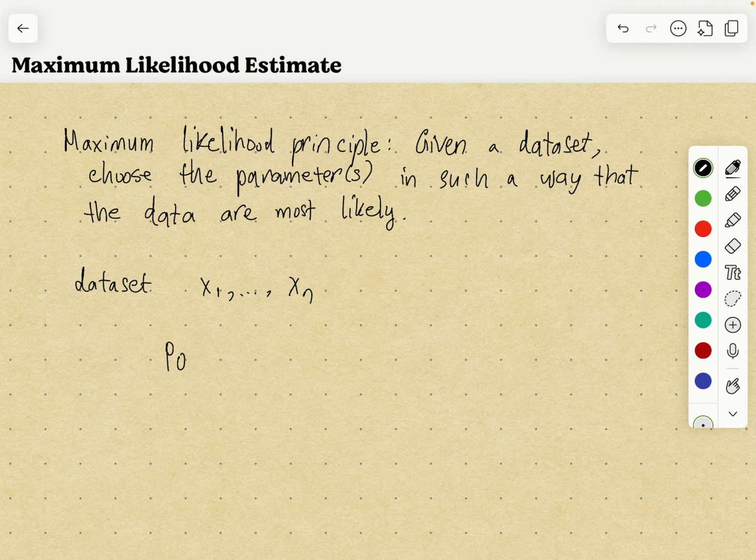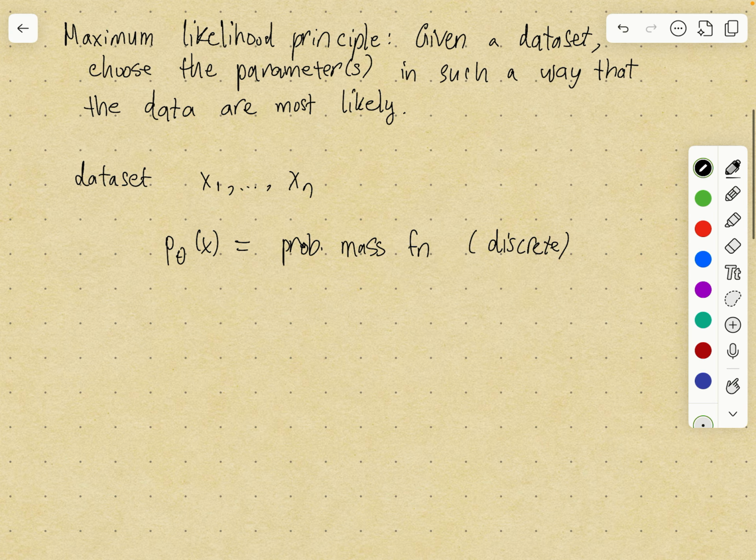So we'll let p sub theta of x be the probability mass function in case your random variable is discrete, or f sub theta of x, that will be the probability density function in case you have a continuous random variable.